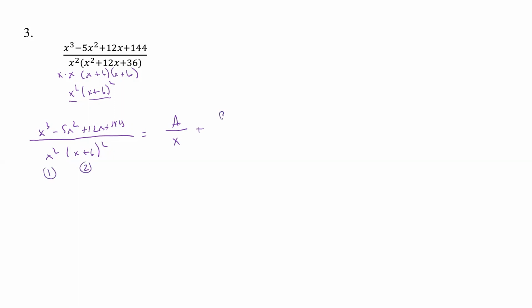Then we have plus b over x squared, plus c over x plus 6, plus d over x plus 6 squared. Okay, so now we've got all of them taken care of. We have the two factors here and the two factors here. And so now we have to multiply that whole thing by x squared times x plus 6 squared.